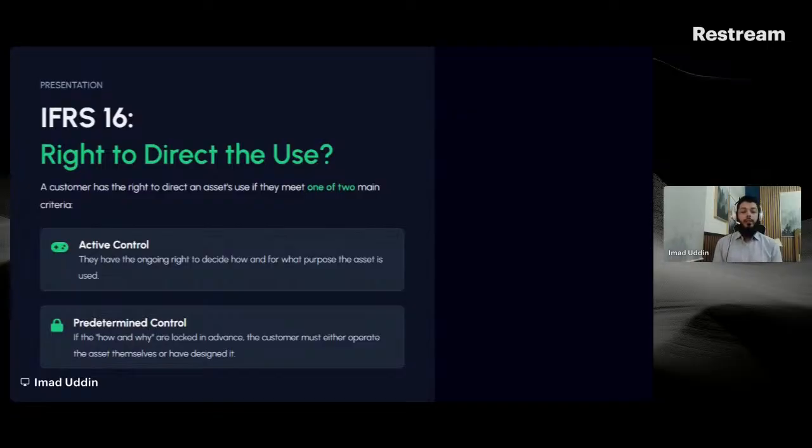For example, in the contract they determined how and why they wanted to use the asset, and that was locked in advance. So the customer must either operate the asset themselves or have it designed for that purpose. If that is the case, we would still consider that the lessee has the right to direct the use of that asset.